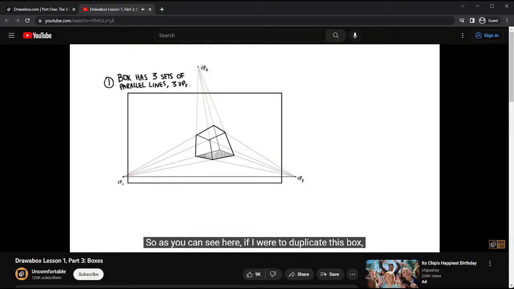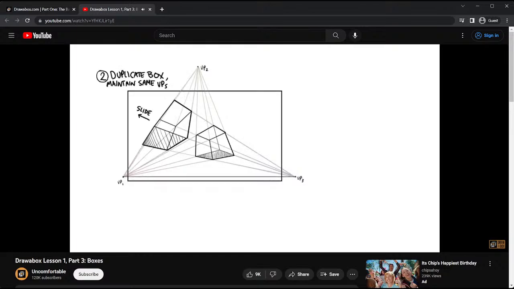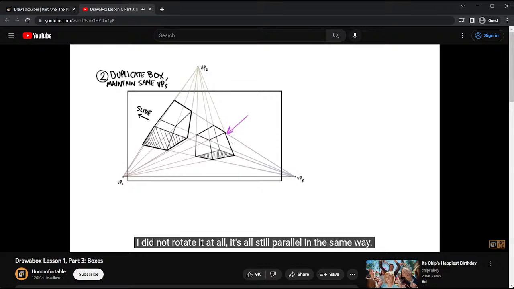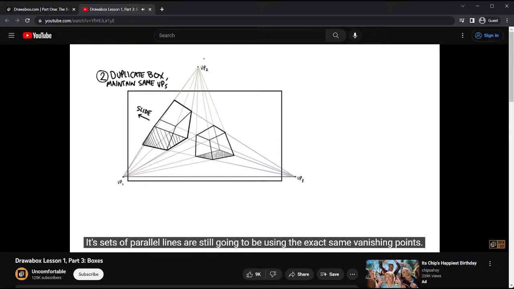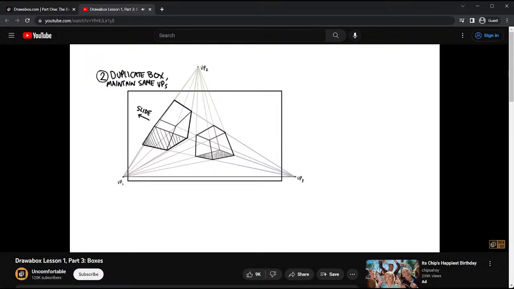So as you can see here, if I were to duplicate this box, so I took the box that I had, and I created a new box. I did not rotate it at all. It's all still parallel in the same way. So its sets of parallel lines are still going to be using the exact same vanishing points. So between these 2 boxes, we still only have 3 vanishing points. It's just in a different position.